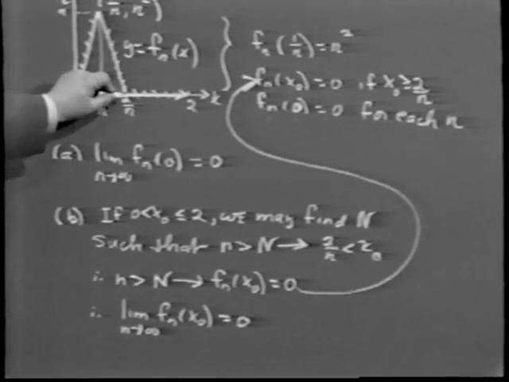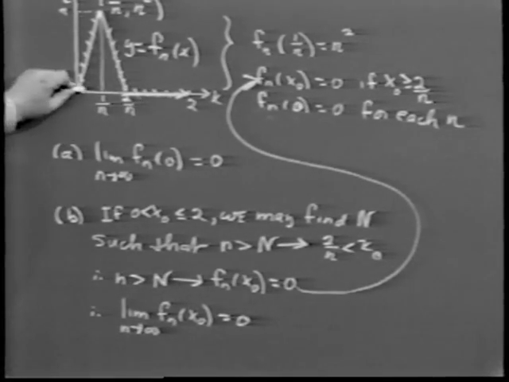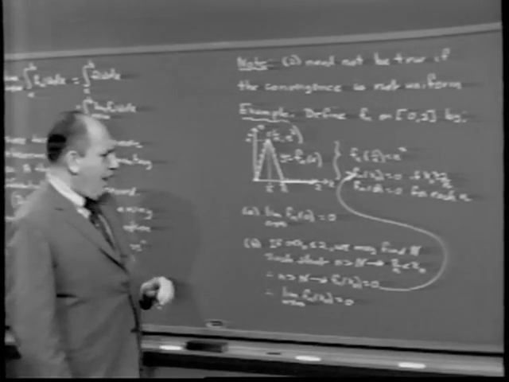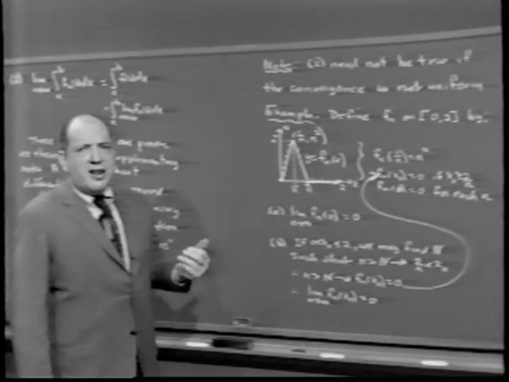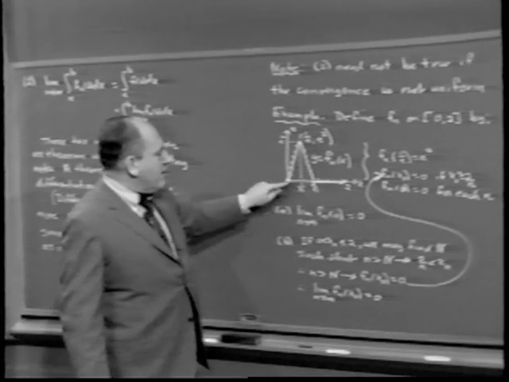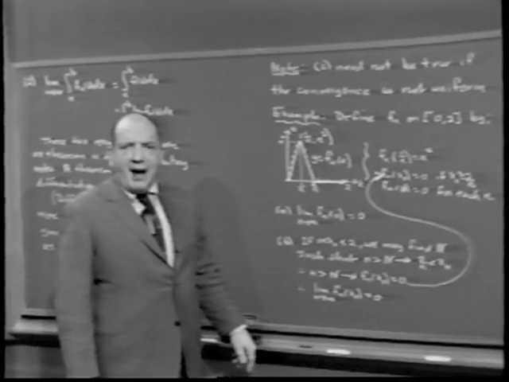In other words, I'm going to reinforce this later, but notice that the limit function here is the function which is identically 0. Now, since this may look very abstract to you, let me take a few minutes, and I hope this doesn't insult your intelligence, but let me just take a few minutes and redraw this for a couple of different values of n, just so that you can see what's starting to happen here.